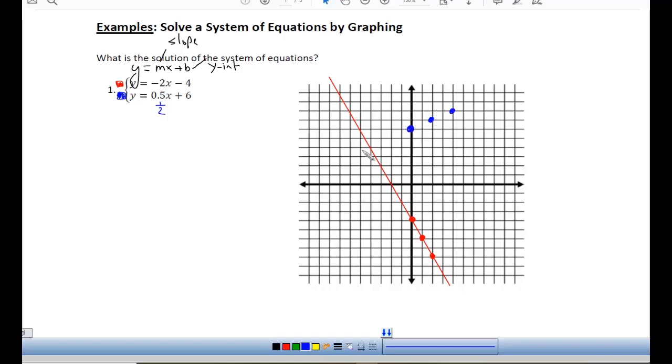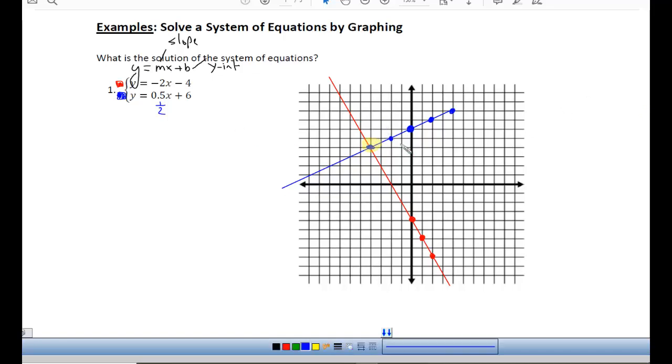I'm going to go back the other way because this is where I'm going to intersect. So instead of rising and running to the right, I'm going to fall and run to the left. That helps me very clearly see where that point of intersection is going to be. Now that I've graphed the two equations, I can see that my intersection is right there.